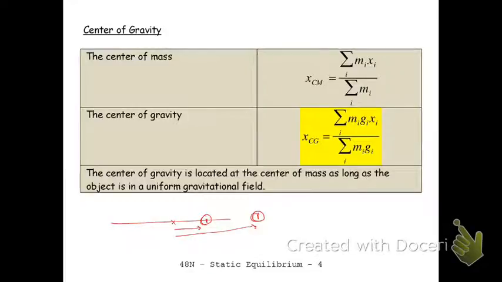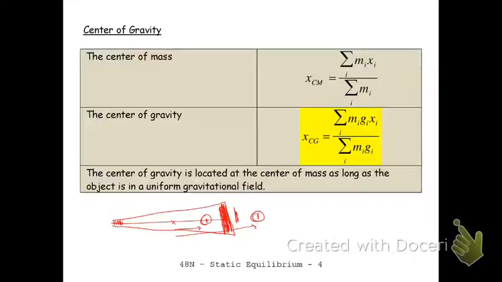So what happens because of weight? Well, if you imagine it, the bit that's near the planet has a lot more weight for a given amount of mass than the bit that's far away from the planet. It weighs more down here. That 1 kilogram of matter weighs 10 newtons down here.